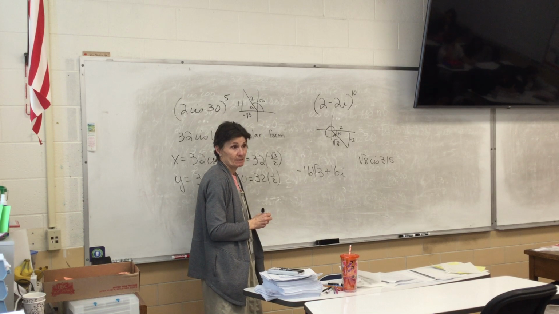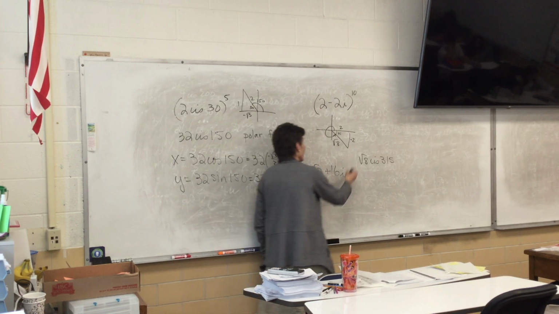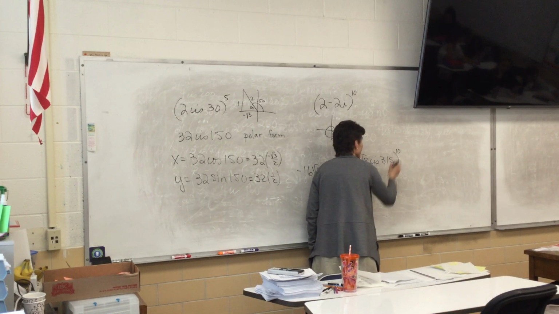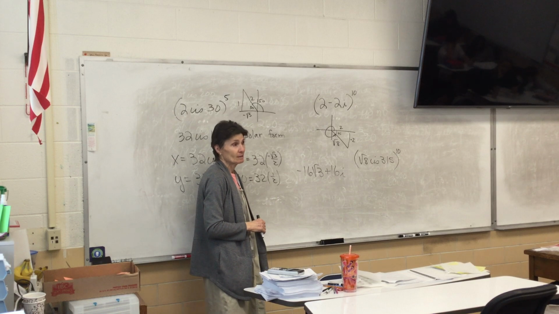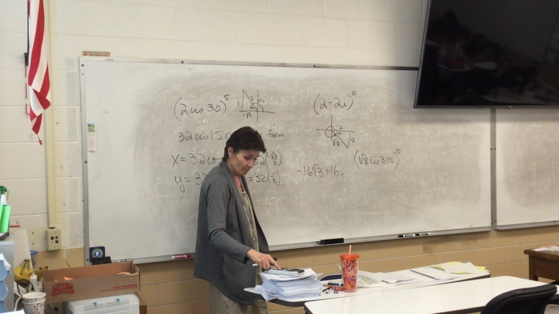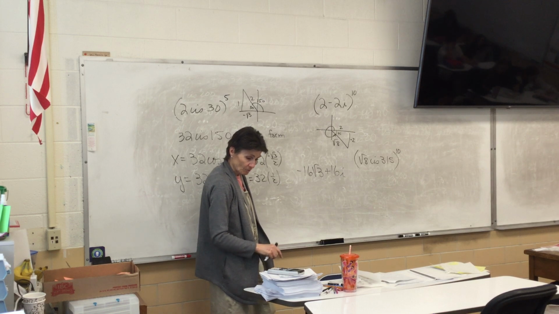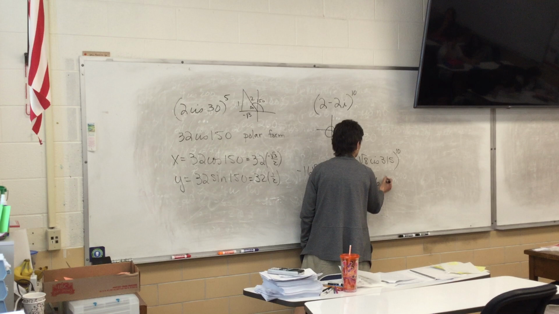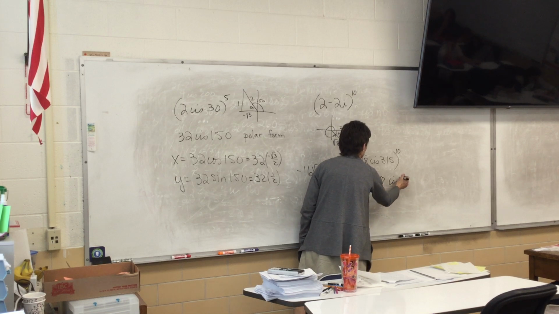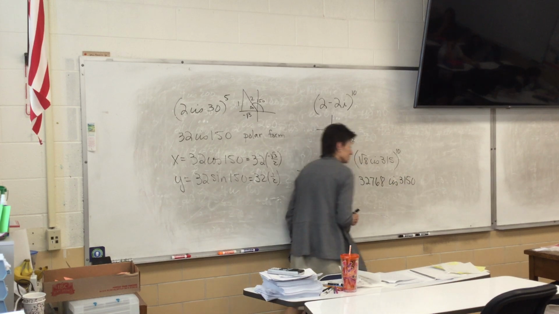Does that make sense? Clayton, you with me? Now I gotta raise that guy to the 10th power. Well, this is not hard. It's big. So I need 8 to the 5th, basically. 32768. 3150.